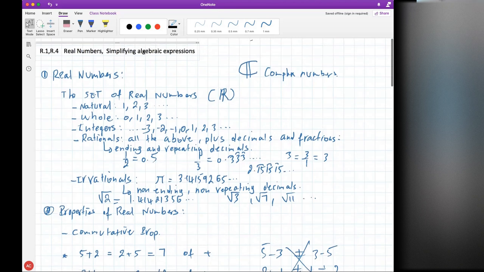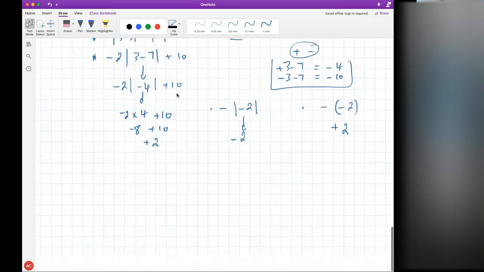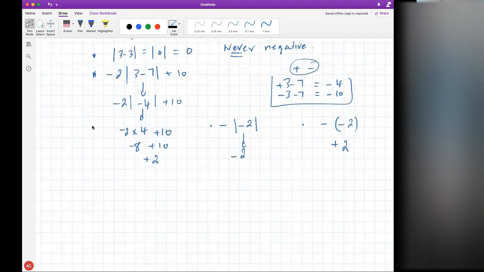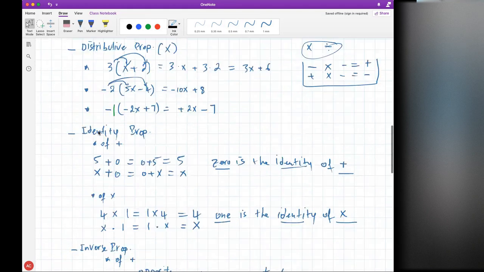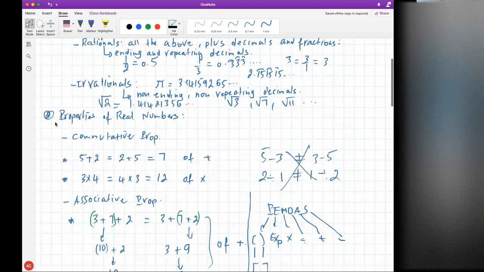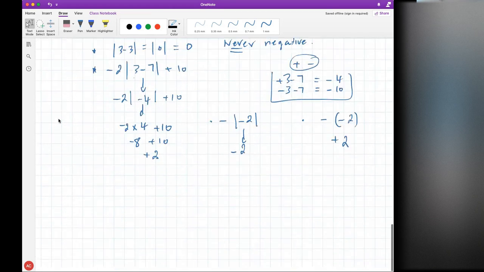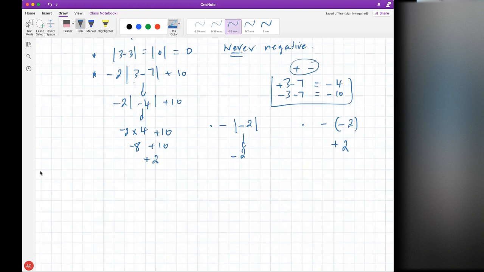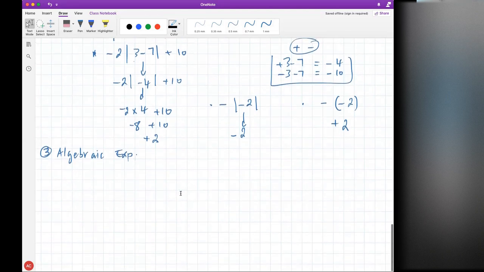But first, let's explain what algebraic expressions are. This would be part number 3. So, algebraic expressions.